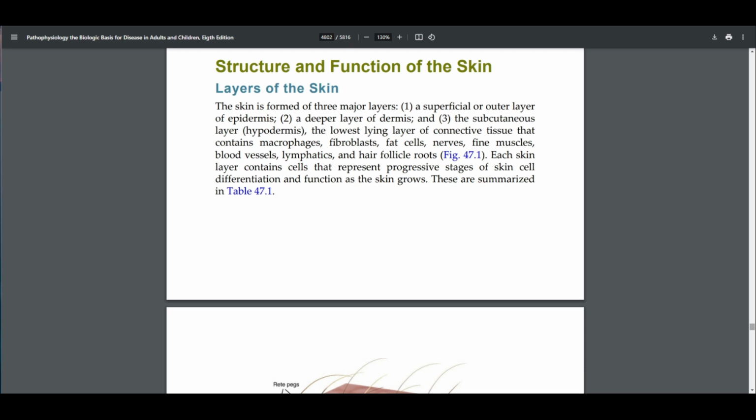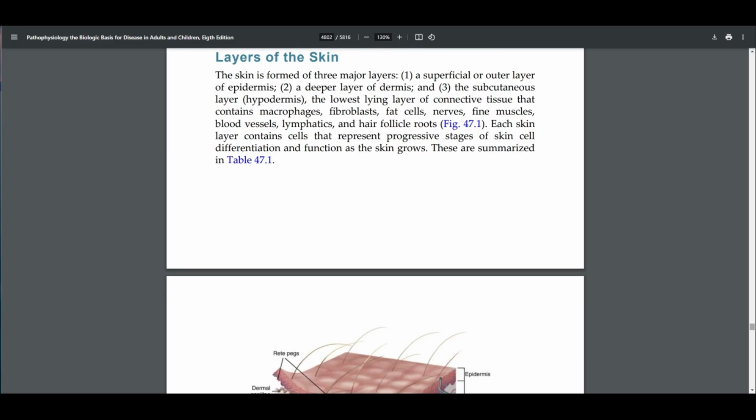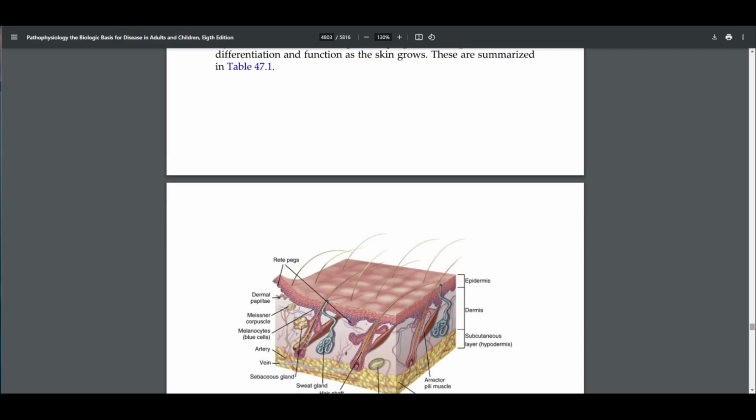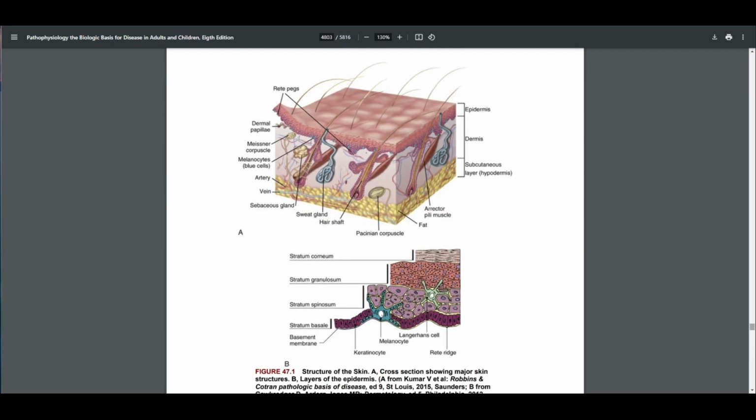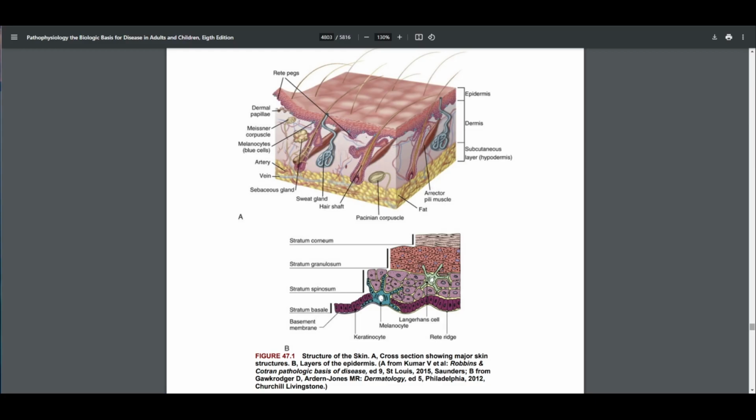Each skin layer contains cells that represent progressive stages of skin cell differentiation and function as the skin grows. These are summarized on table 47.1. So here we're taking a look at different layers of the skin.